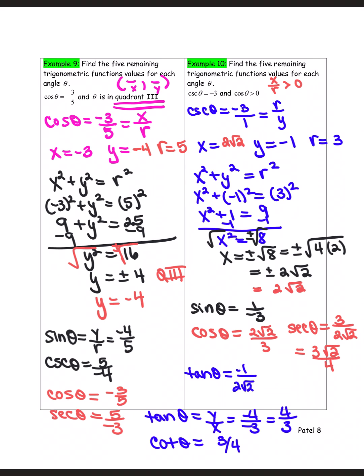Once again, multiplying by square root of 2 over 2, we'll get negative square root of 2. And then 2 times 2 will give me 4. Cotangent of theta will be 2 square root of 2 over negative 1, or simply negative 2 square root of 2.